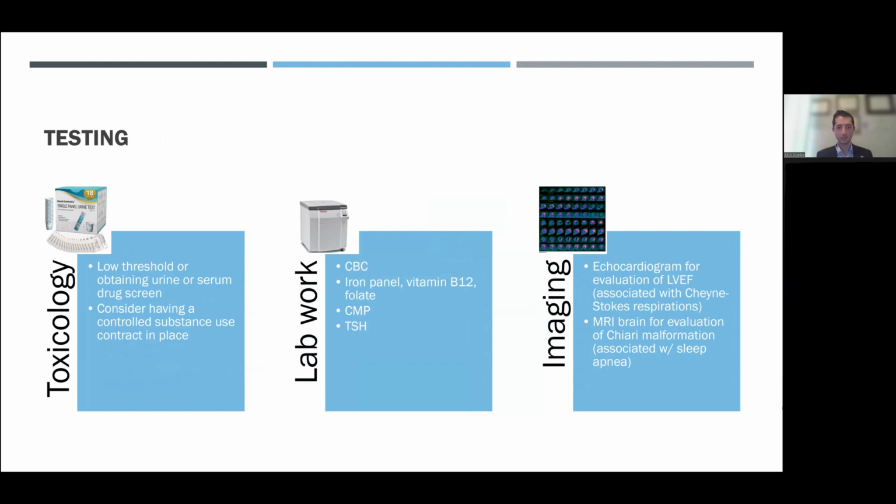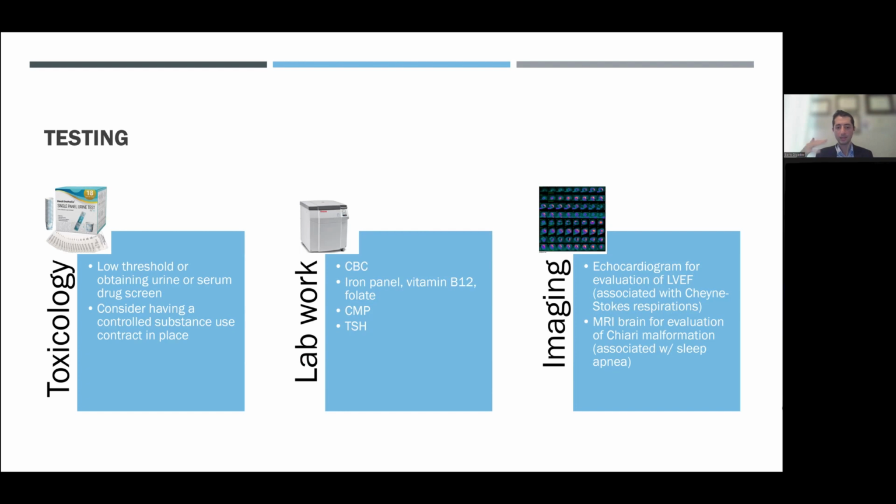So urine or serum drug screening, even if they're on a chronic medication such as zolpidem, or they're on multiple polypharmaceutical kind of approach to their health, then you might want to consider signing a controlled substance use agreement. And you get some labs, because in sleep medicine, you don't only have insomnia and sleep apnea. You might have restless legs, some sort of sleep-related movement disorder, a non-REM or a REM parasomnia.